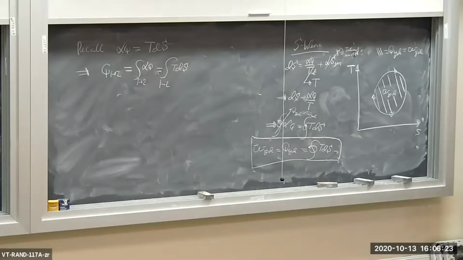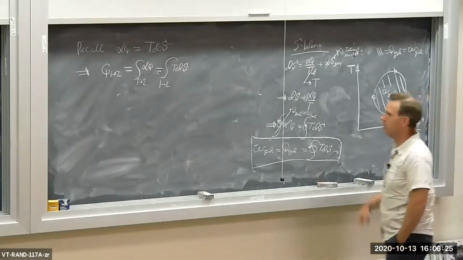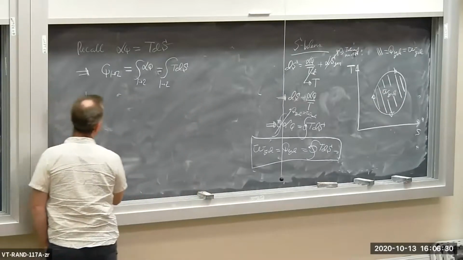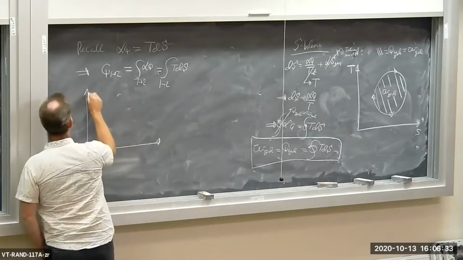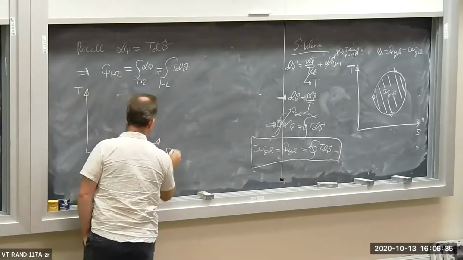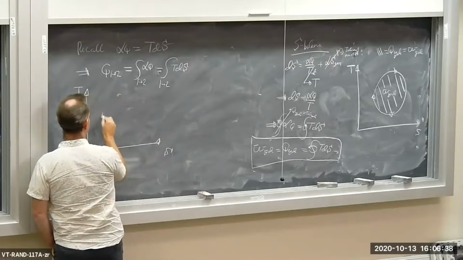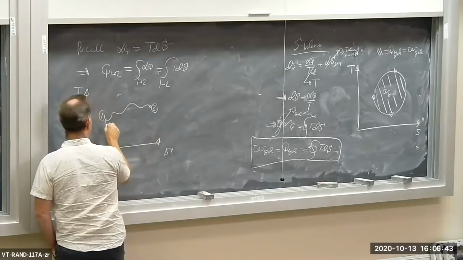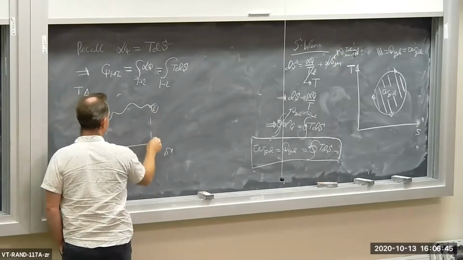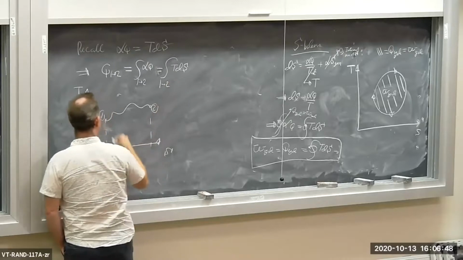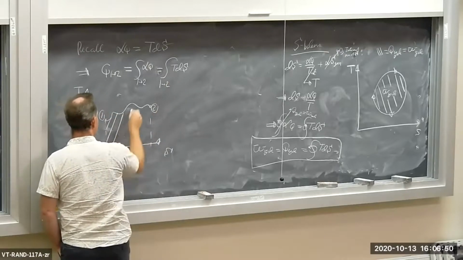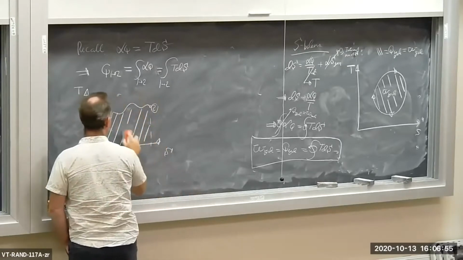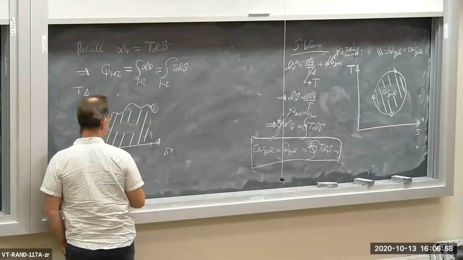So not only can I get the net work produced by the cycle from the TS diagram, but I can get the heat transfer. Let me show you what I mean. TS. State 1, here's the path. State 2. This area, the area underneath the TS curve, is my heat transfer 1 to 2.